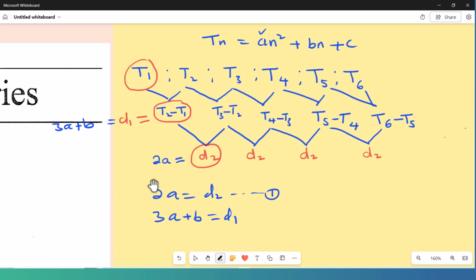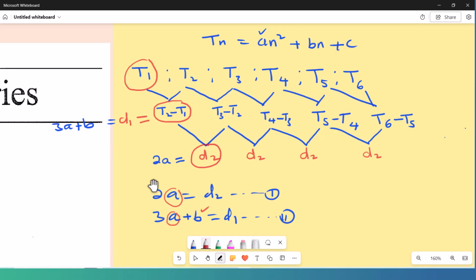Always begin from 2a equals D2, then get your a, and then put your a in equation 2 to get your b. After getting your a, you come back and put it here, and you're going to get your b, because you know D2, D1 and a, so you can get your b.